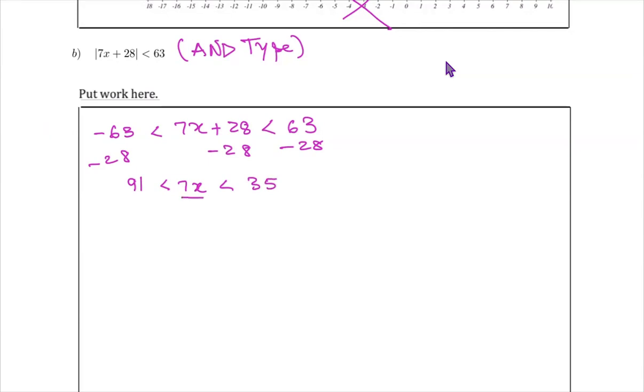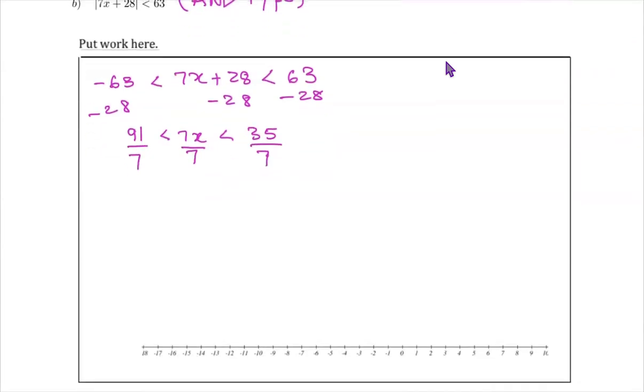And then if we divide by 7 on all three parts of this inequality, we get negative 13 less than x less than 35.